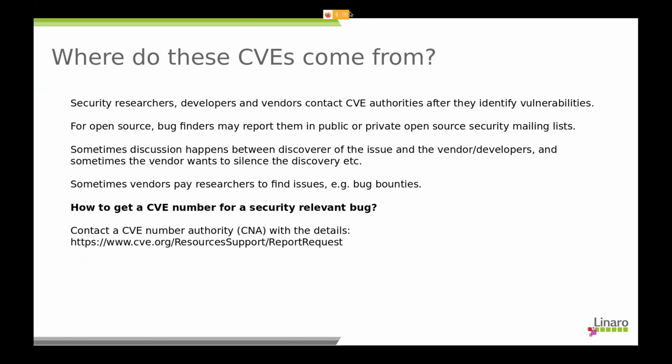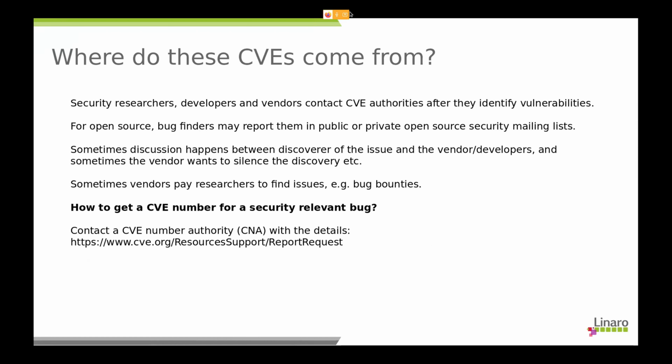Yeah, so the CVE bug reports come from security researchers, developers, vendors, and whoever is contacting the CVE authorities to get an identifier, a CVE identifier, for a bug, basically. Yeah, for open source, many bug finders report them to a public or private security mailing list or talk directly with the maintainers of various software components.